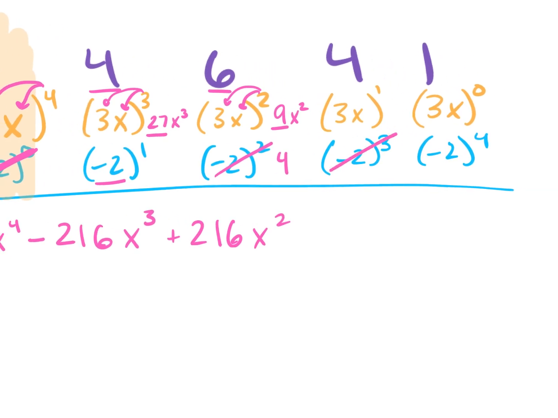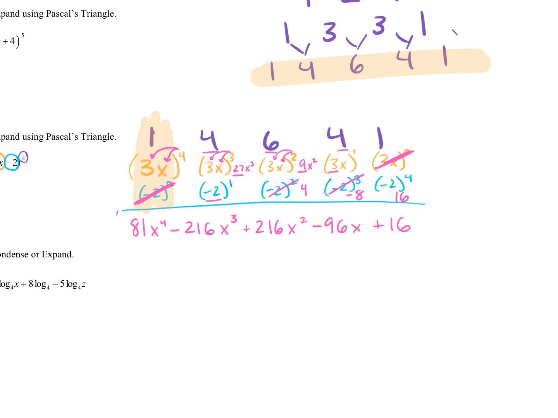Next one, we have negative 2 to the 3rd power, which would be negative 8 times 3 times 4. It'd be negative 96x. And then 3 to the power of 0 just goes away. Negative 2 to the 4th power would be positive 16 times 1 would just be 16. So this would be your answer.